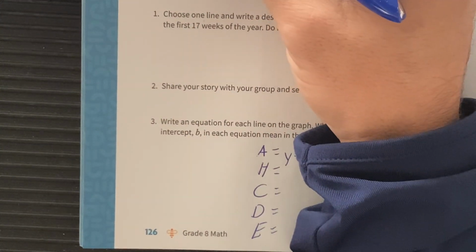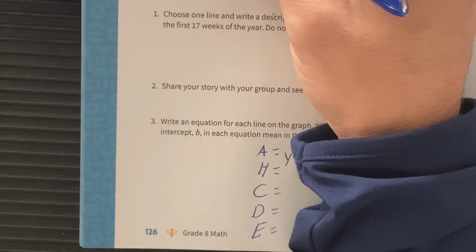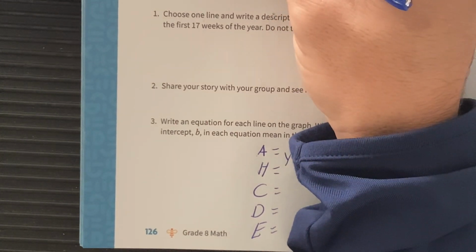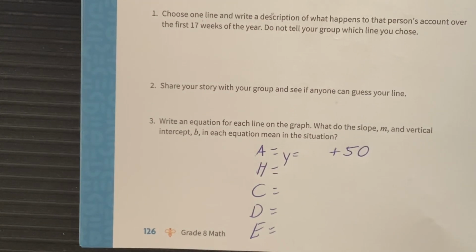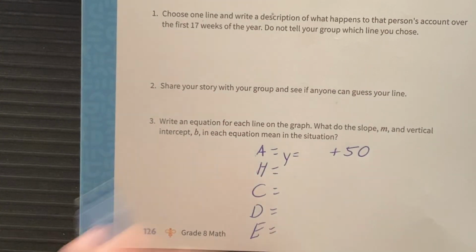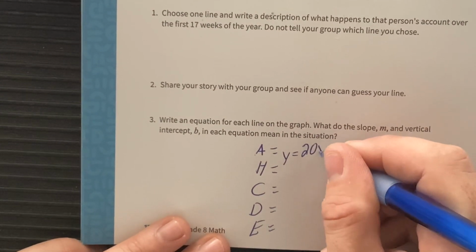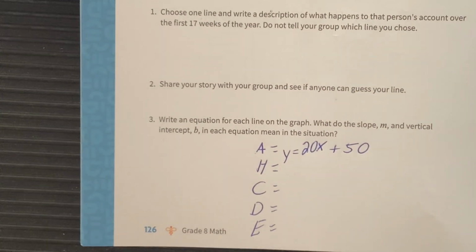So it looks like you're starting at 50. A week later, it looks like you have 70. 2 weeks later, you have 90. 3 weeks later, you have 110. You're adding $20 per week. So that should be in your description and that should be in your equation. Starting with $50, you're depositing $20 per week. That's one we just talked about on the previous page.